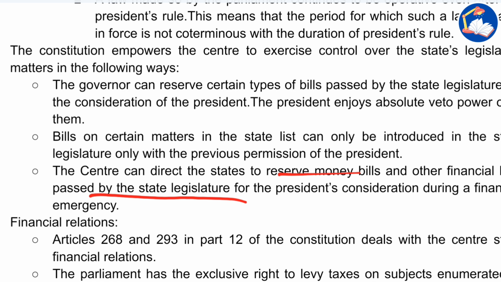No need to worry. What are money bills and what are financial bills? What are ordinary bills? All these things we will be discussing in the chapter Parliament. No need to worry about it.